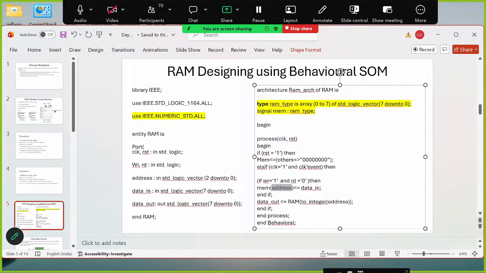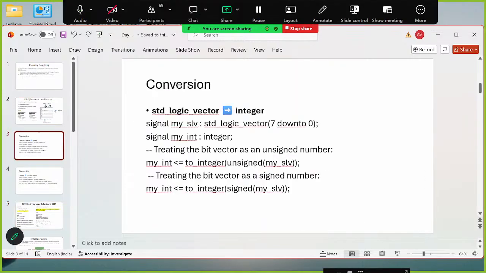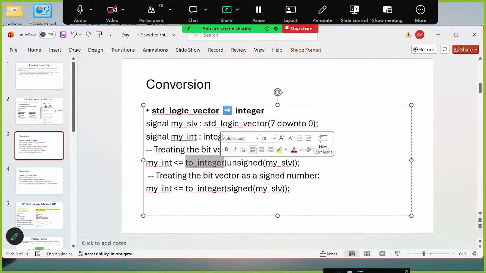So what I am doing over here, basically, I am using a conversion function which is available inside this library, to integer. Let us understand it. If I want to convert a std underscore logic underscore vector into an integer, then I need to use the function to integer. Write like this: to integer, unsigned, and the name of the variable. The same thing I am doing over here.